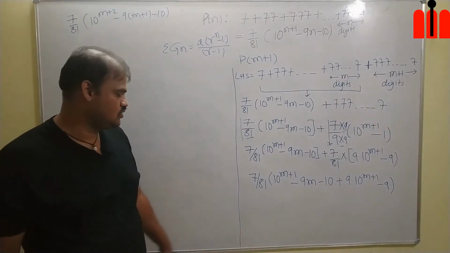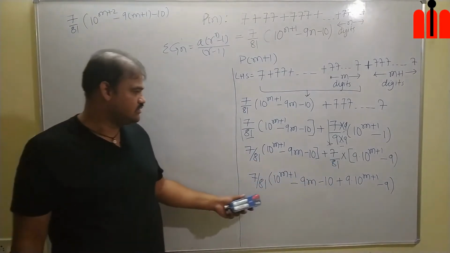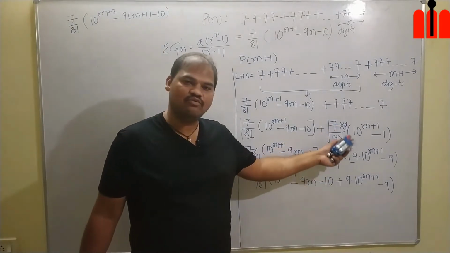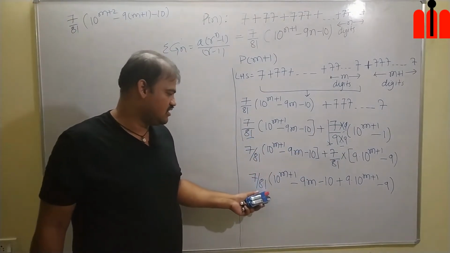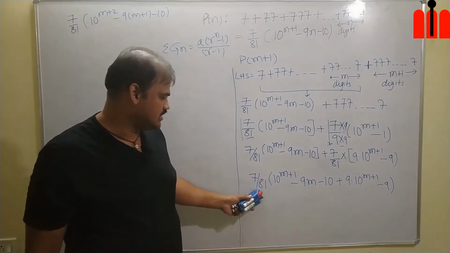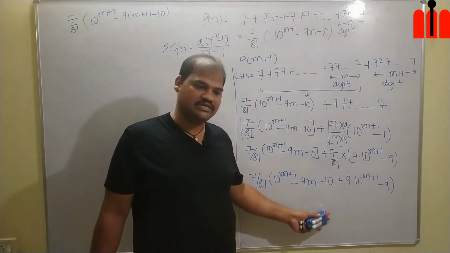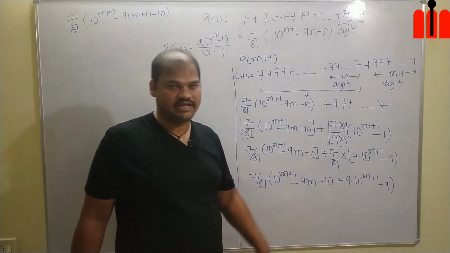So what we had done, we had taken 7 by 81 entirely common. This was our purpose, to multiply 9 in numerator and denominator, just to get 81 over here. So we got the next step: 7 by 81, 10 to the power of m plus 1 minus 9m minus 10 plus 9 into 10 to the power of m plus 1 minus 9.